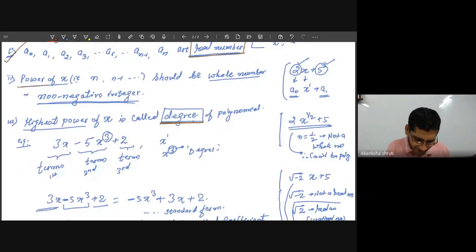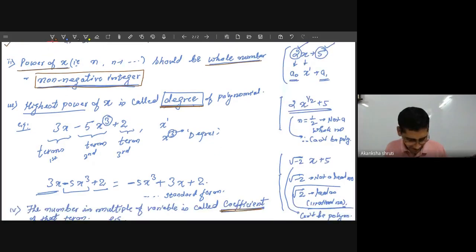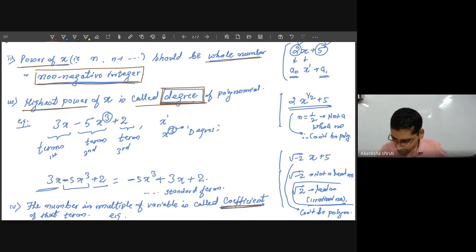The power should be a whole number or a non-negative integer, meaning it cannot be a negative integer or fraction or decimal. The highest power is called the degree. So what is degree? That you have to keep in mind. The next one is what is called coefficient. So this you have to keep in mind.